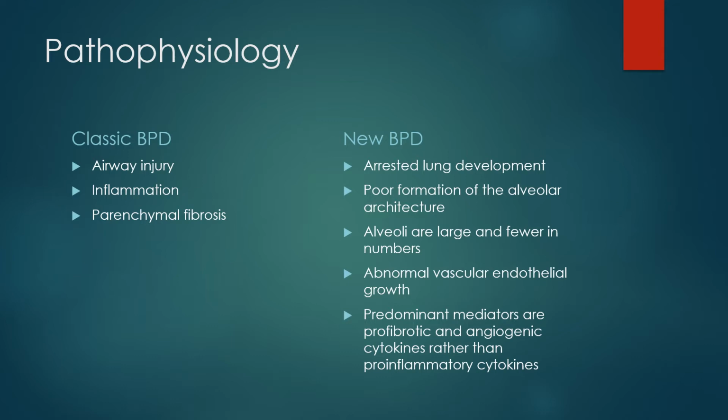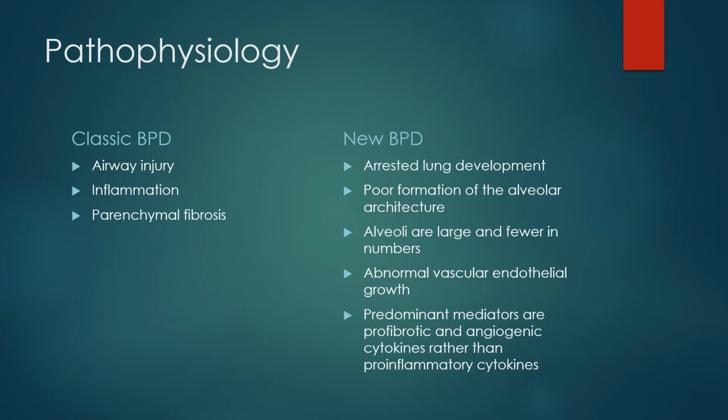Before the widespread use of surfactant therapy, classic BPD was a disease characterized by airway injury, inflammation, and parenchymal fibrosis. Now, after the initiation of surfactant therapy, what is called new BPD is most often a form of arrested lung development with poor formation of the alveolar architecture.